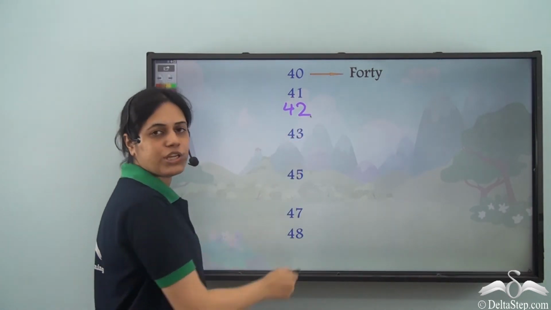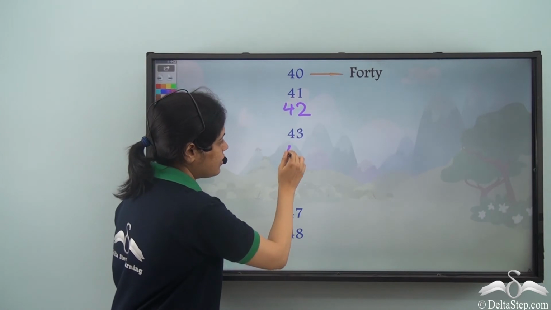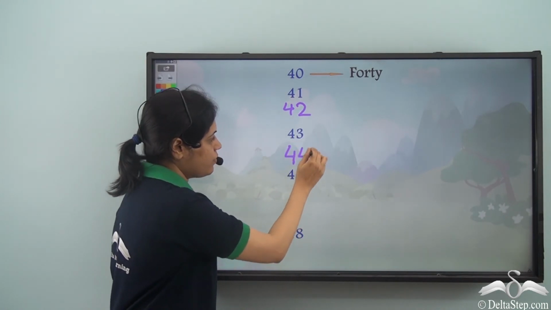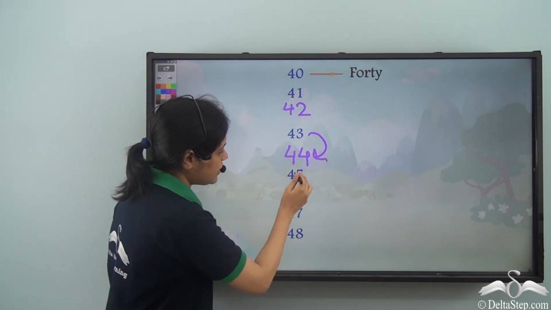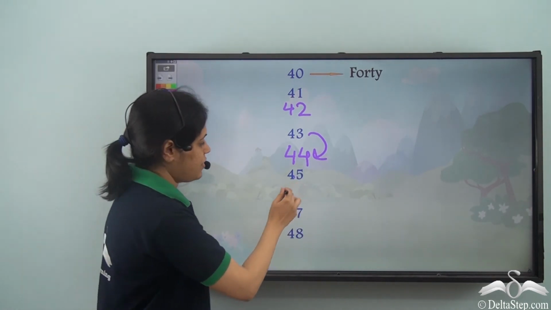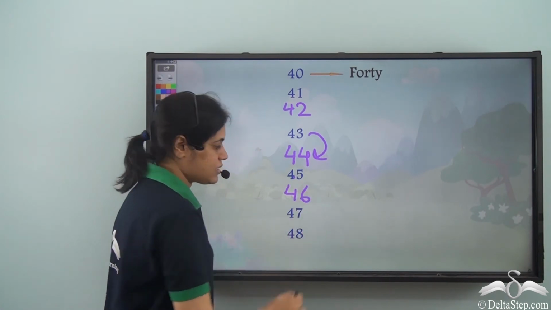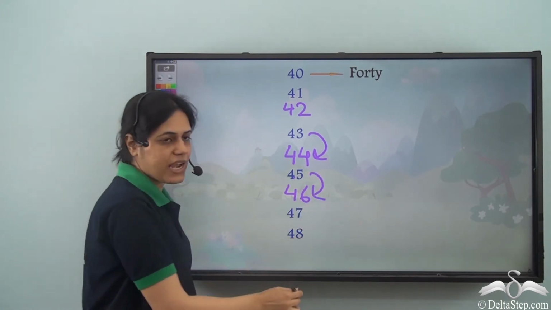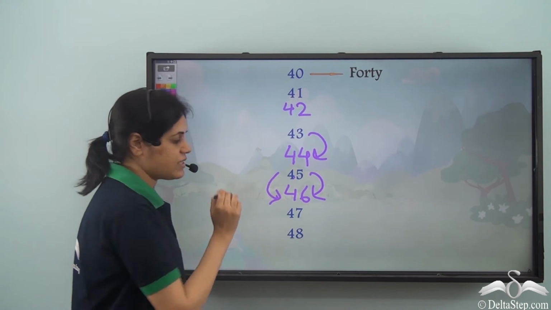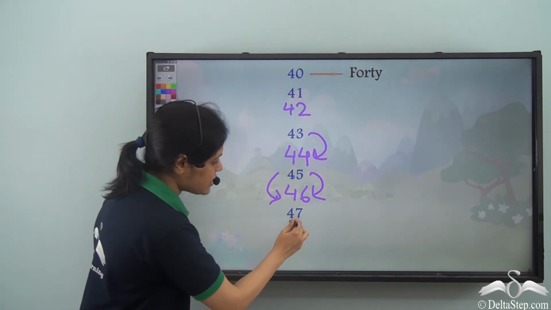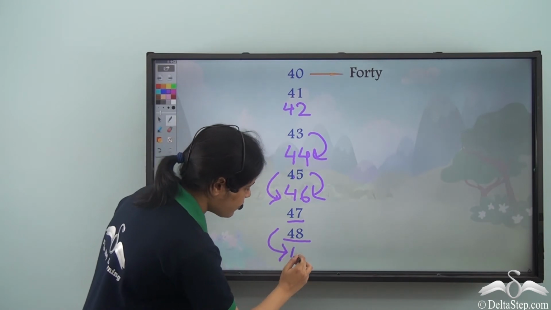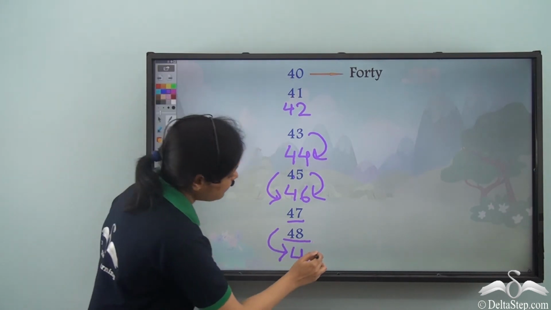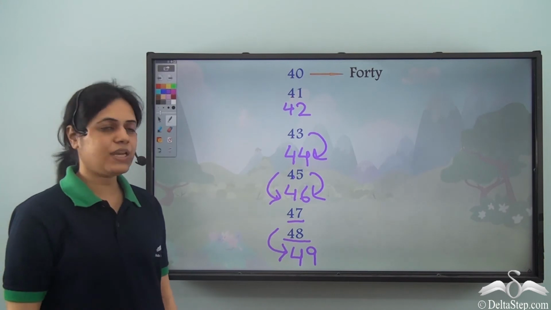Then we have 4, 3. Then 4, 4 because 4 comes after 3. Then 4, 5. 4, 6 because 6 comes after 5 and 4 remains the same. 4, 7, 4, 8. Once again 4 will remain the same, and after 8 we will have 9.